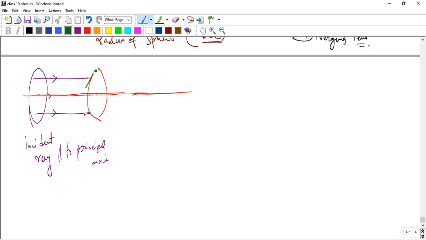the green color line represents the line of incidence. The blue color mark is the point of incidence, and here we draw a normal.